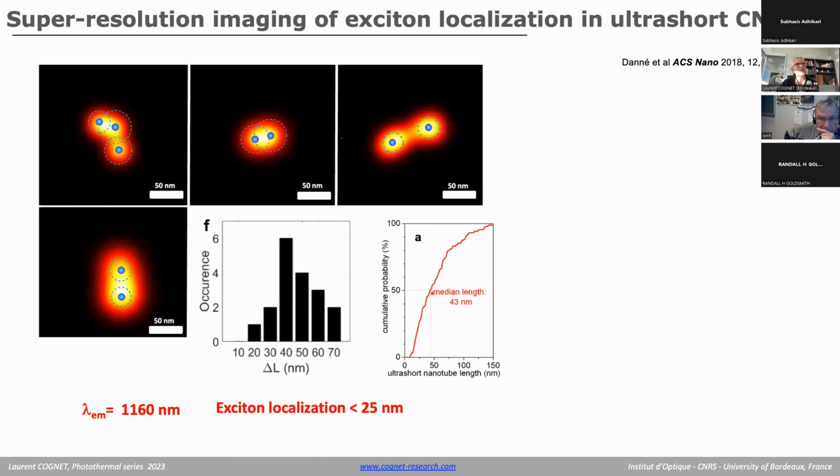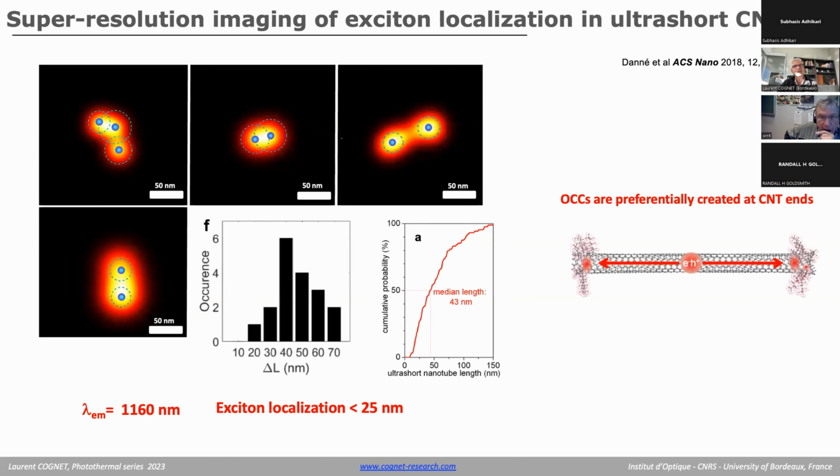So this allowed us to say that the color centers are mainly at the ends of the ultra-short carbon nanotubes, which is not a surprise because that's where the chemical functionalization is the most efficient.